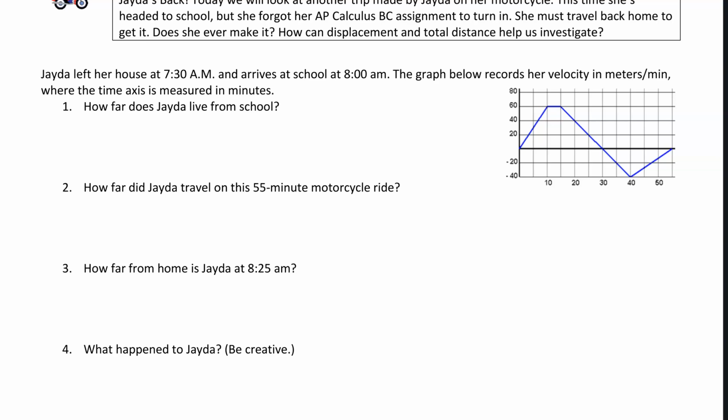Alright, Jada left her house at 7:30 a.m. and arrives at school at 8 a.m. The graph below records her velocity in meters per minute, where the time axis is measured in minutes. Alright, so how far does Jada live from school? So what am I going to look for?